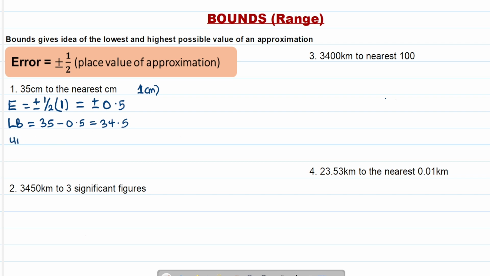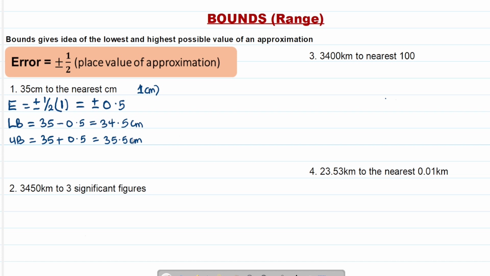And also to get the upper bound, we will add the error to the measurement. That will be 35 plus 0.5, and that will give us 35.5 centimeter. Now, this lower bound is the same thing as the lowest possible value that could have been approximated to the nearest centimeter to give 35 centimeter.